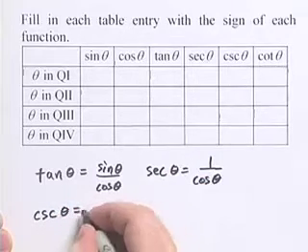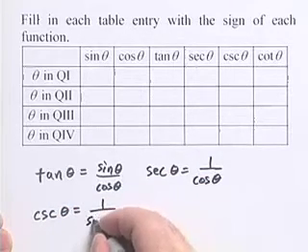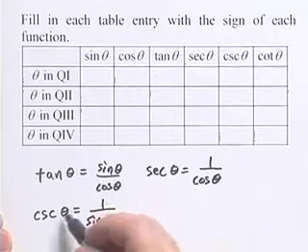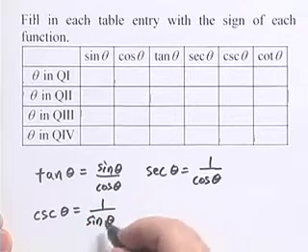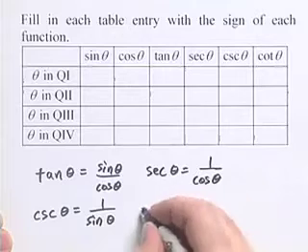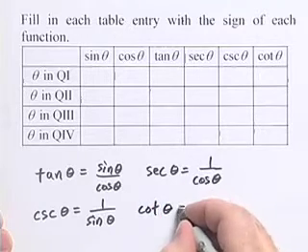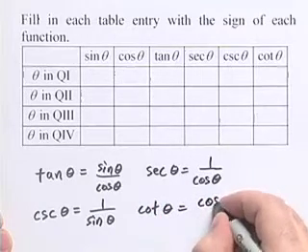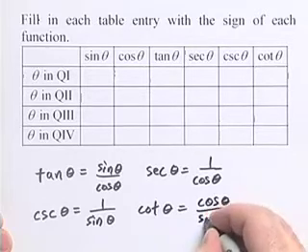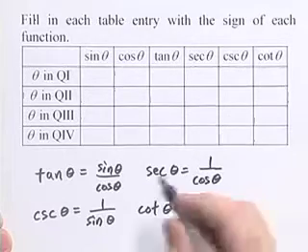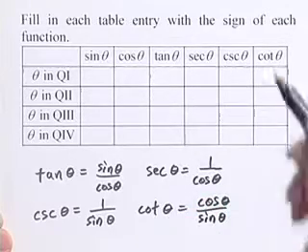Cosecant of theta is equal to 1 over sine theta, so it's going to have the same sign as the sine trig function. And then cotangent of theta is equal to cosine of theta over sine theta. It's going to have the same value then as the tangent.